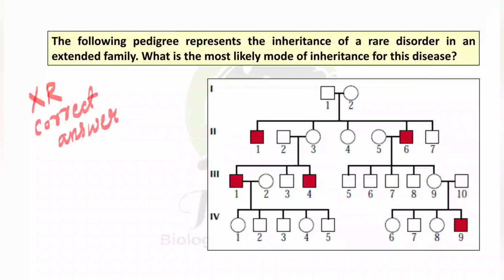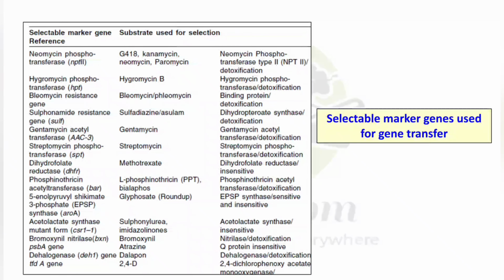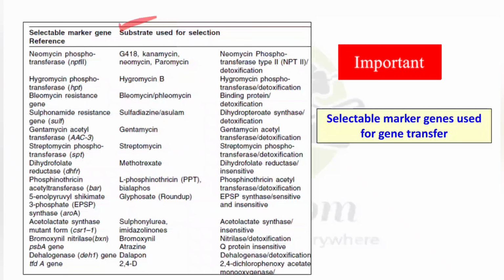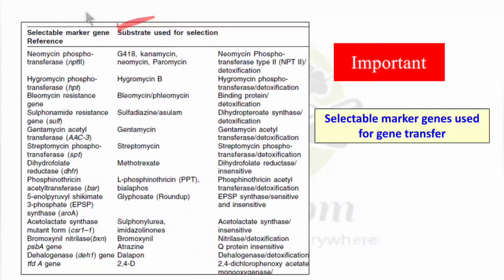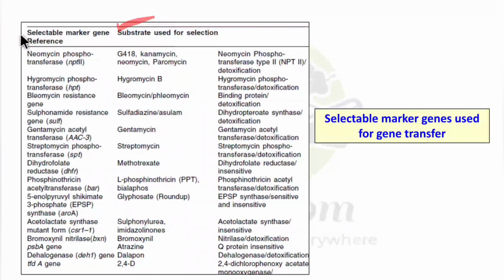Now the next topic is selectable marker genes used for gene transfer along with their substrates. Many times it is asked what the different substrates used for a particular selectable marker gene are. If we talk about neomycin phosphotransferase, G418, kanamycin, neomycin or paromomycin is used.